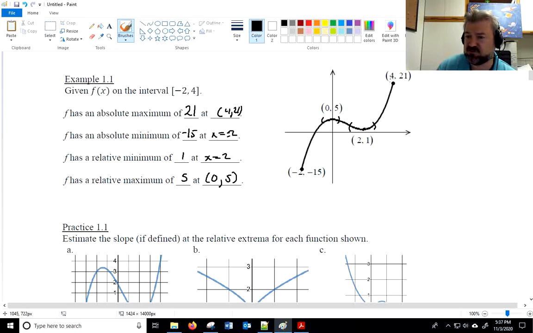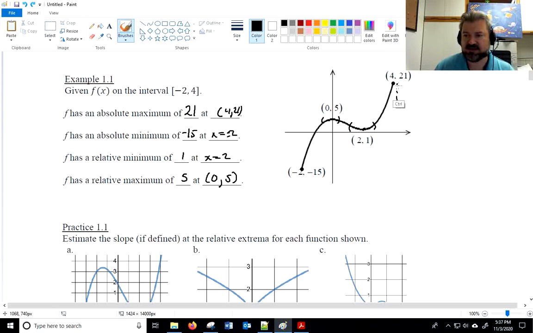I can construct a closed interval containing 4, but I can't construct an open interval containing x equals 4. Because to be an open interval, I've got to get a little bit past this point. I can't put the open interval at 4 because the open interval from -2 to 4 doesn't include 4, so that doesn't work.